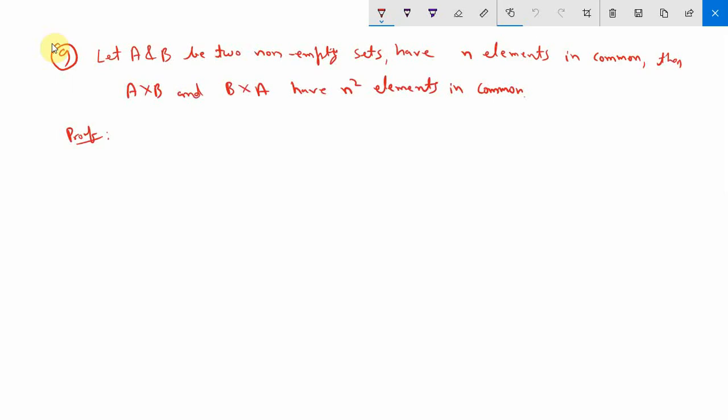See, from theorem 7, we can write (A × B) ∩ (C × D) is equal to (A ∩ C) × (B ∩ D), using theorem 7.